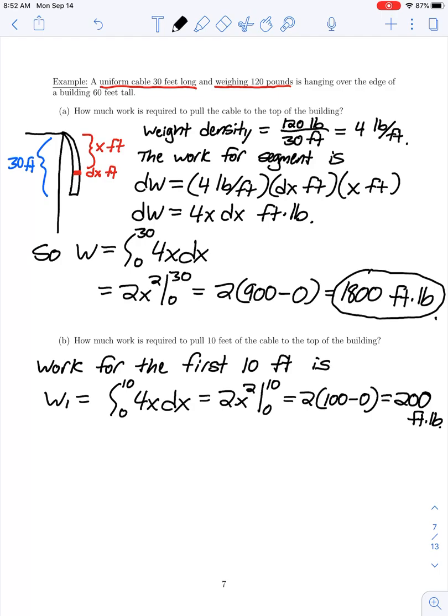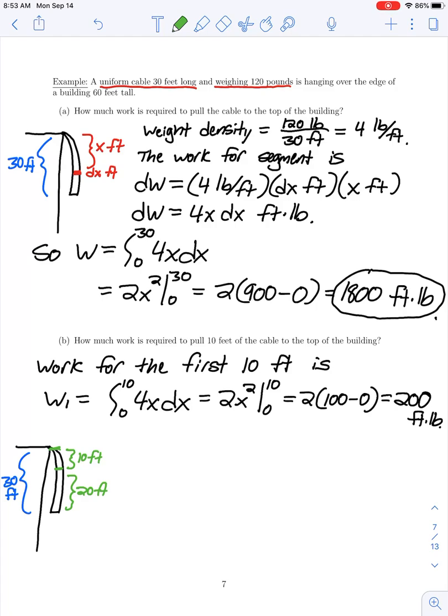So let's visualize that here. If we have our building with a 30-foot cable, and we only have found the work required to lift the first 10 feet of cable to the top, we've neglected this 20-foot section of cable that we can think of as hanging off the end of our initial 10 feet.